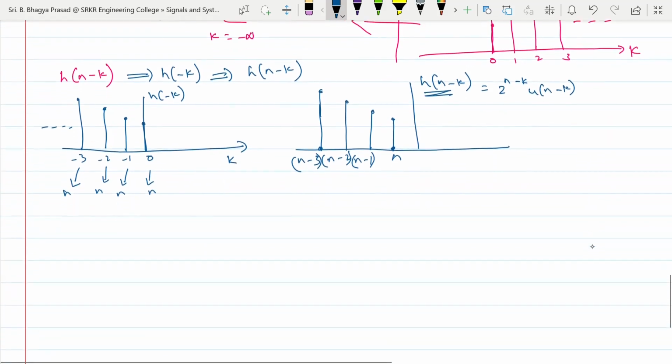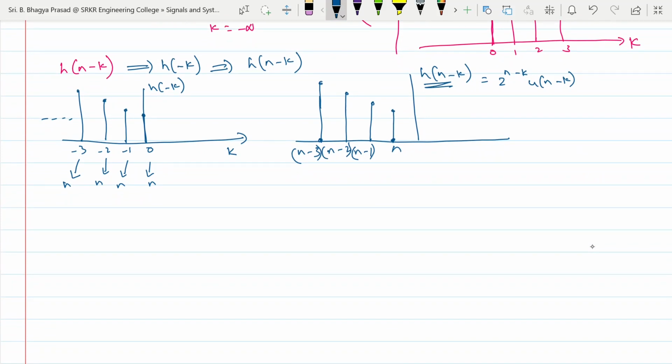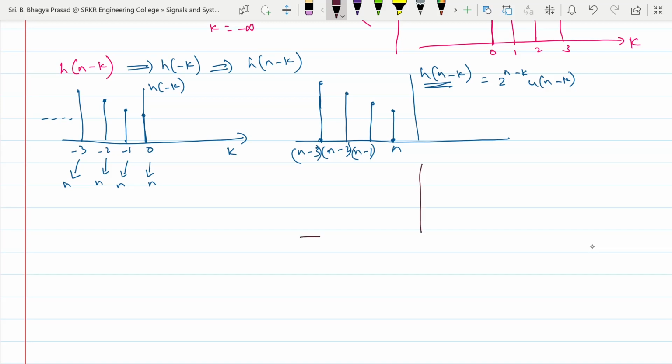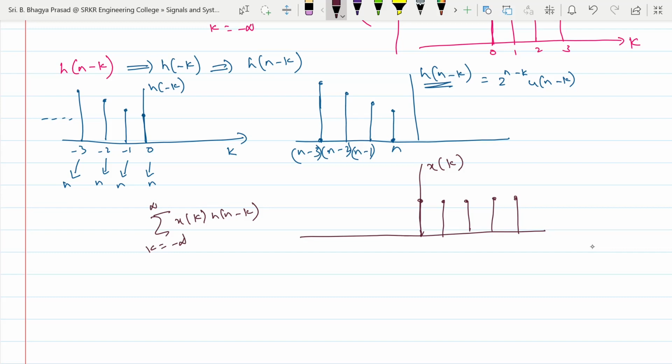We will use this h[n-k] and this x[k], and sum up all those values using the expression x[k] h[n-k], where k goes from minus infinity to infinity. Let us multiply h[n-k] and x[k] for different k values.